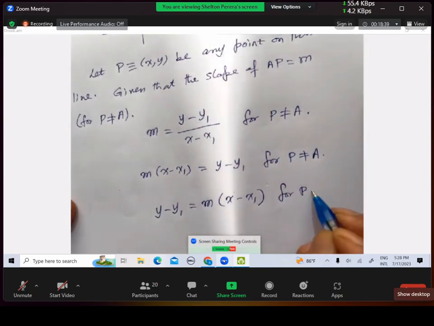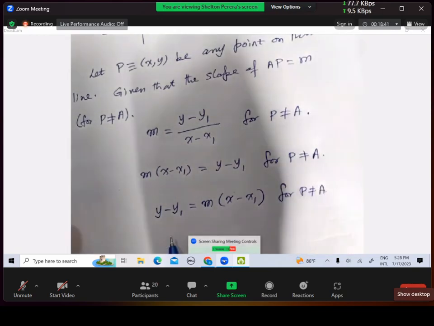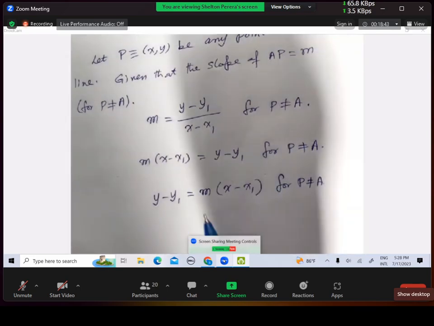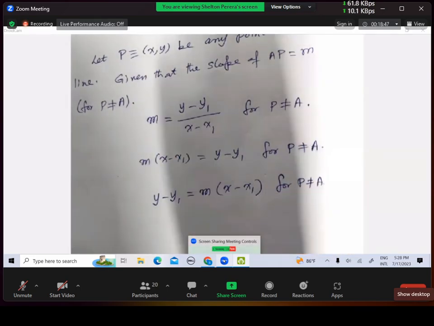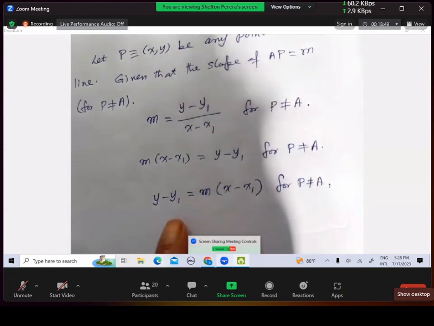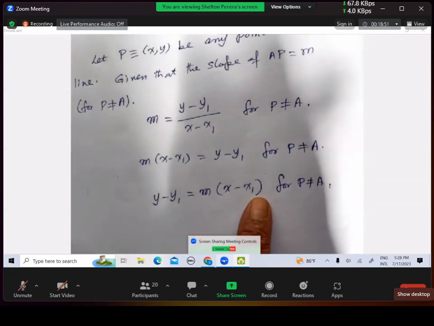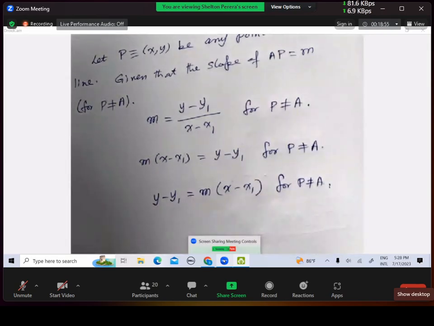That is valid for P not equal to A. But now, this equation, we got it from this. That is why we have to carry this forward. But this equation is satisfied by P equals A also.